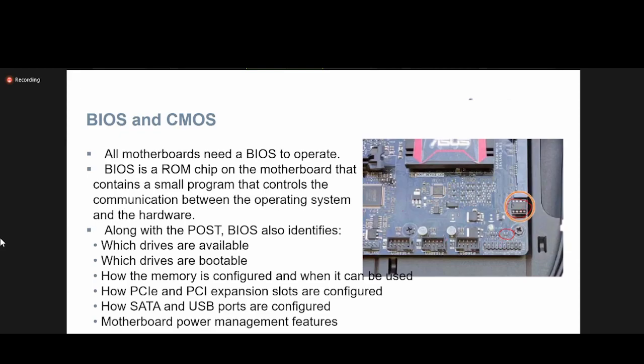Sometimes we set a password and forget it, and we need to reset it. So we use the jumper affiliated with the CMOS password reset, or sometimes we use that jumper to reset the BIOS settings to the factory default.